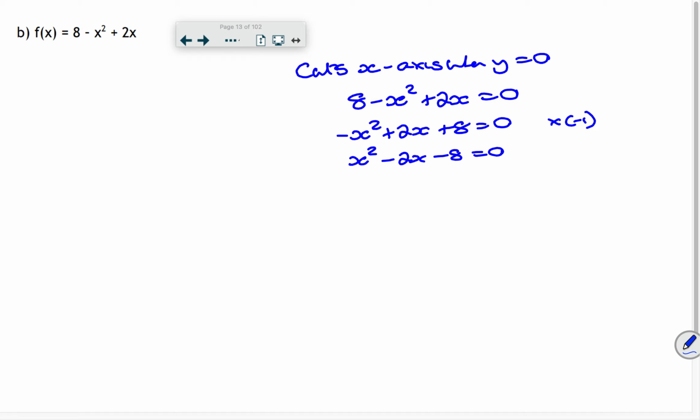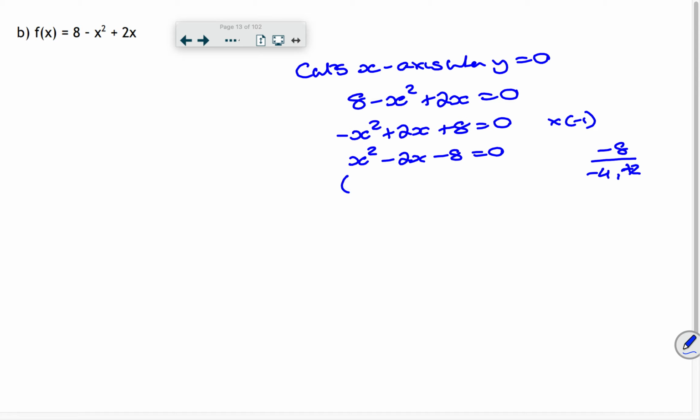Factorise that. So factors of minus 8, and I think you'll find that it's going to be 4 and minus 2. Nope, that'll be minus 4 and 2. Silly me. So minus 4 and 2 works out.